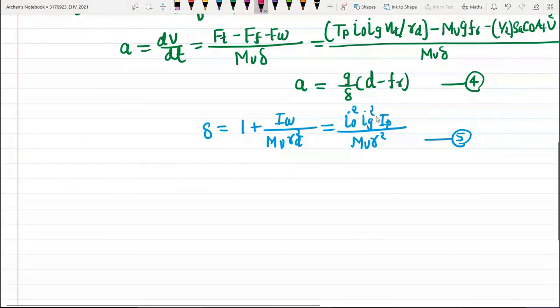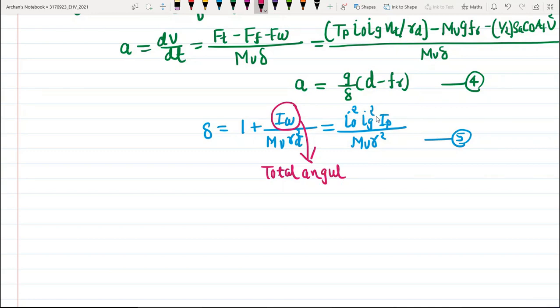Okay, what was there IW? If I talk about this IW, it was the total angular moment of the wheels, right?